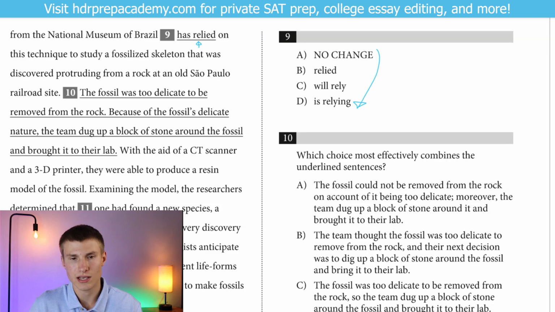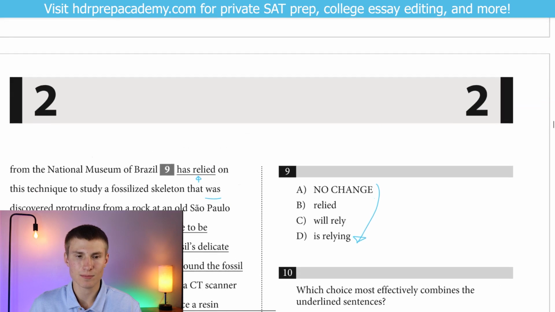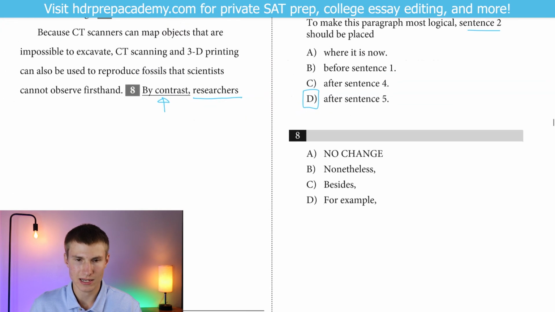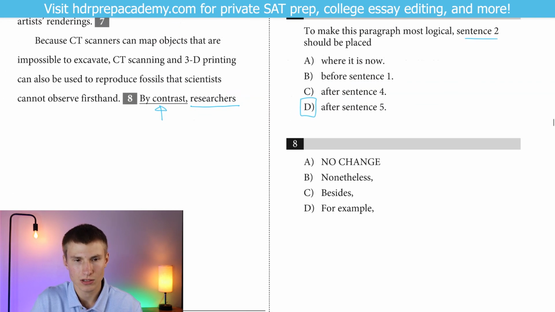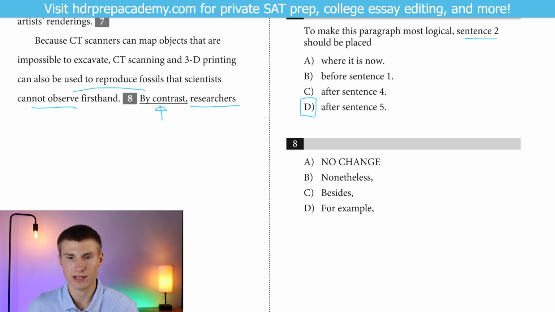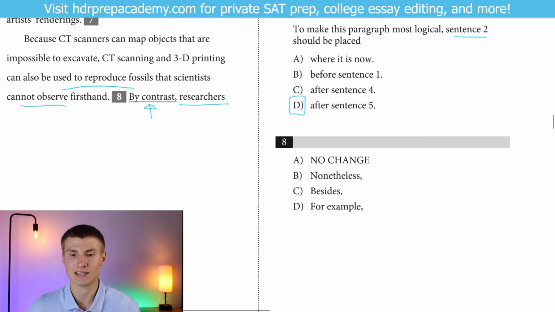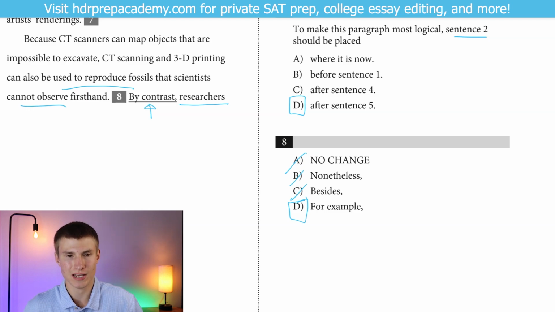On this technique to study a fossilized skeleton that was discovered protruding from a rock at an old Sao Paulo railroad site. Well, what I see there is that I'm providing an example of using that technique, right? That technique that I talked about in the previous sentence is now what I'm illustrating. We're giving an example in that next sentence. So we're not going to use besides, we're not going to use to contrast, we're not going to use nonetheless. We're providing an example, therefore our answer has got to be D.